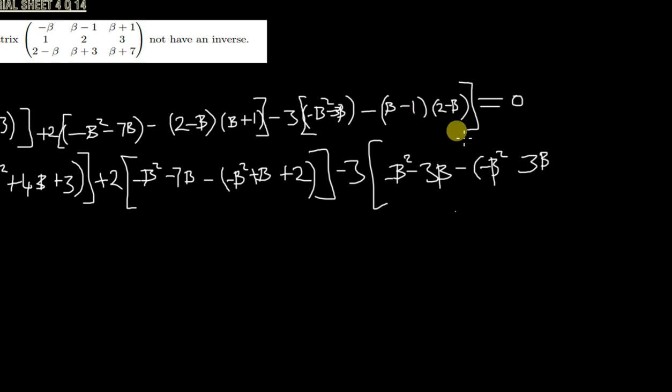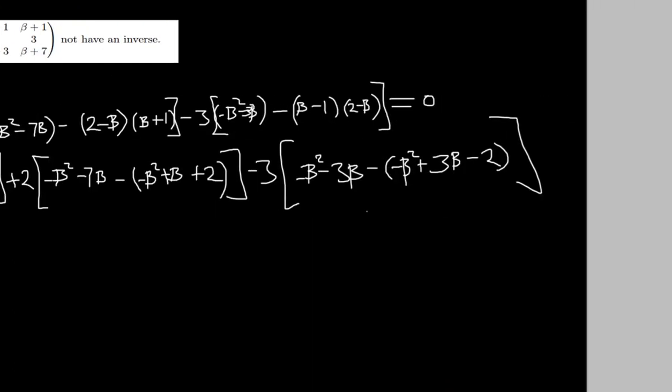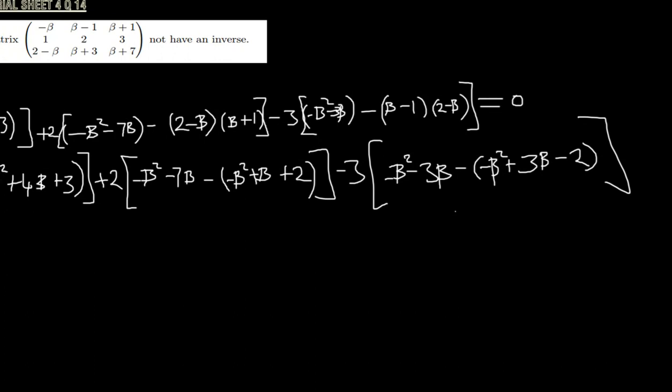Then the remaining now is the constant, which is negative 1 times 2, which will give us negative 2. Then I'll close my brackets like that. Then this, I almost forgot, this is equal to 0.